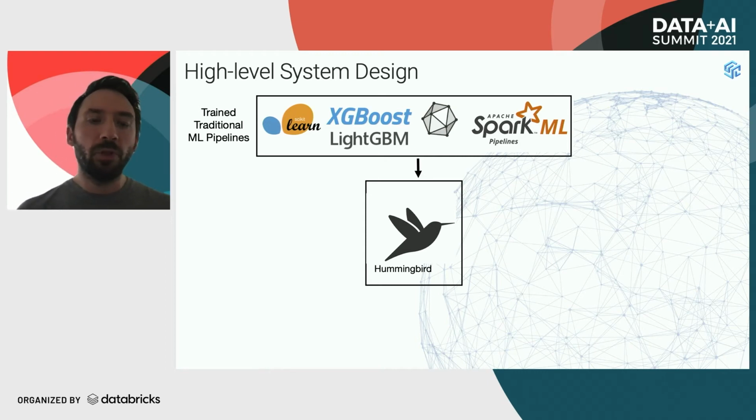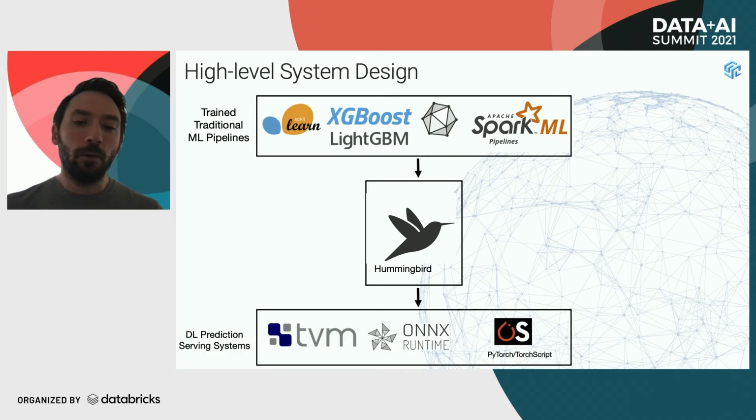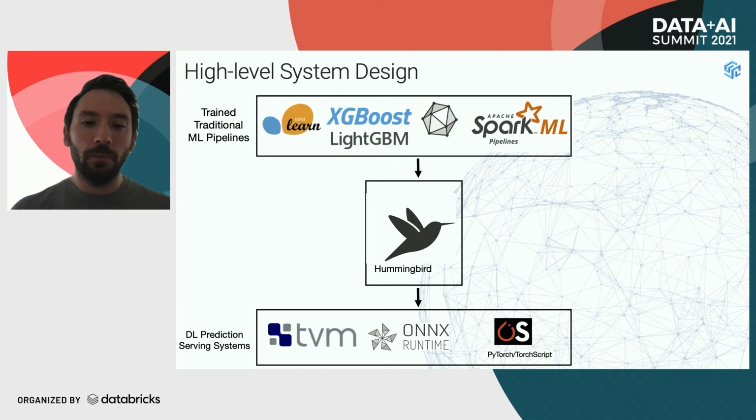We support the XGBoost and LightGBM libraries as well, and we recently also added a few operators from SparkML. Once you pass the trained pipelines to Hummingbird, it translates these pipelines into tensor programs, and then you can run these tensor programs using one of the deep learning prediction serving systems. For the moment, Hummingbird supports exporting tensor programs into PyTorch and TorchScript, into ONNX Runtime, or into TVM.